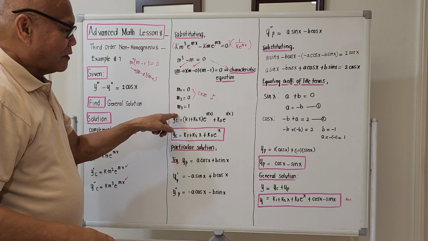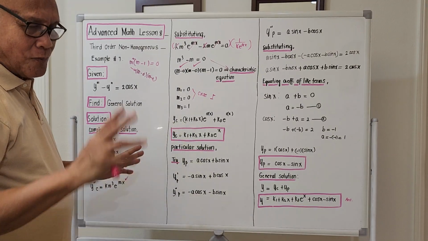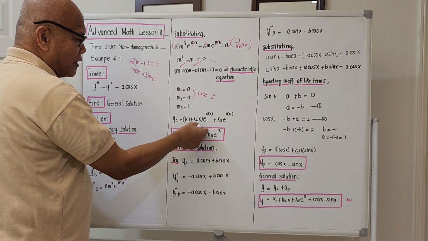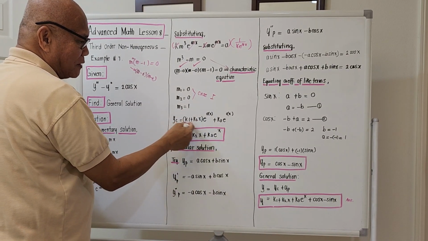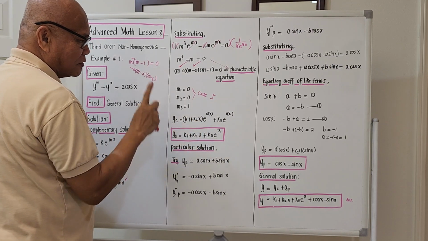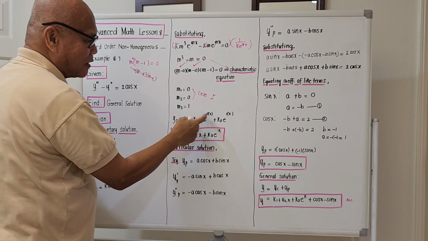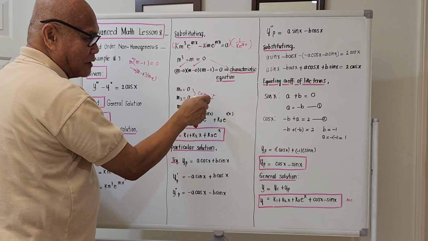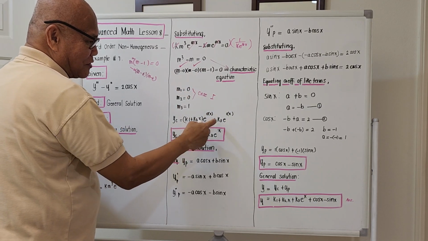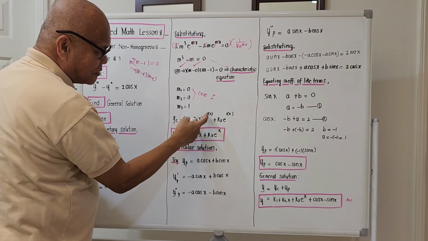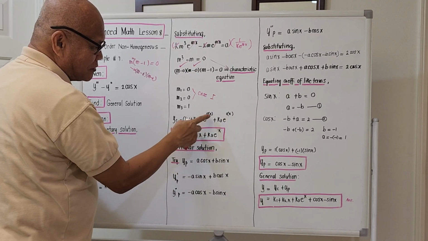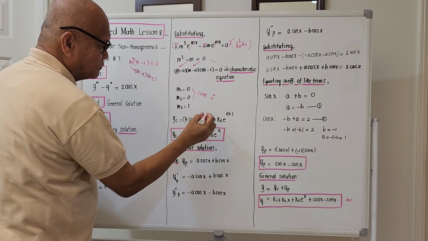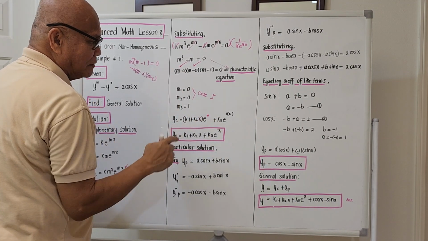So the complementary solution now will be k1 plus k2 x, open quantity close quantity, times e raised to the common value of m, which is actually 0 times x. That falls under case number 1. They are both real and equal, okay? Plus k3 e to the x. But this is 0 times x. 0 times x is actually 0, and e to the 0 is 1.